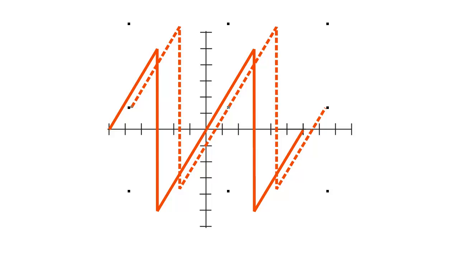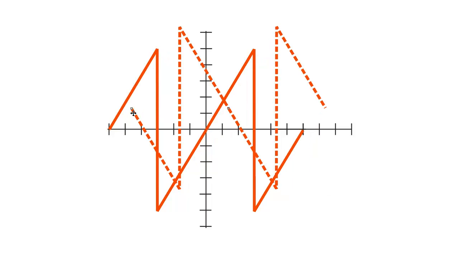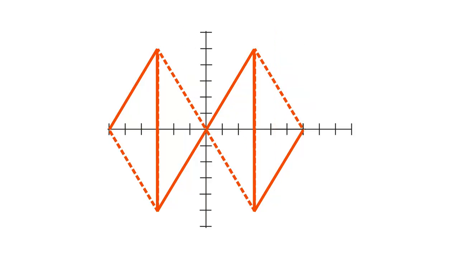Then I will invert the wave and put it back so it starts at the same time as the original one did. Now we have an example of two waves in phase opposition. Phase opposition. Notice that at every point in time the two waves cancel each other out.